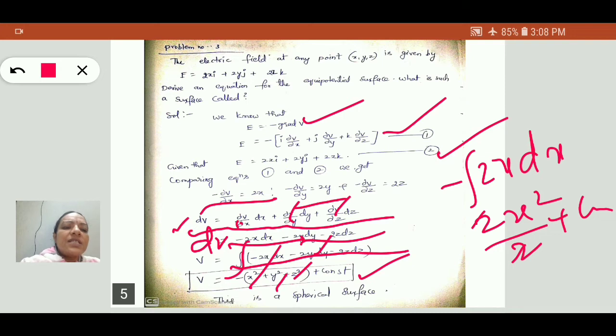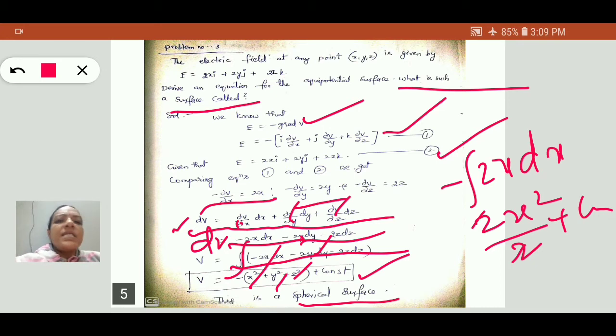By seeing this equation, we can understand that this is a spherical surface. What is such a surface called? The problem is asking this, and this type of surface is known as a spherical surface. So this is the method to solve this type of problem.